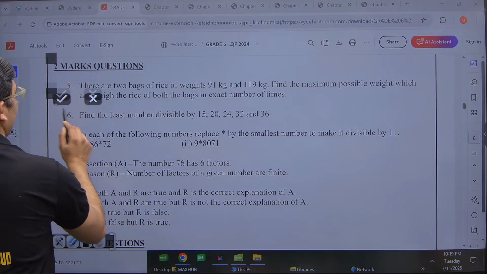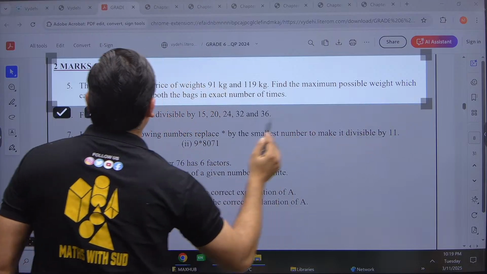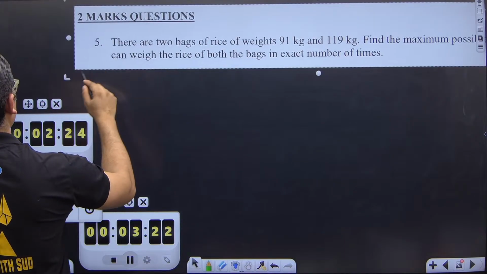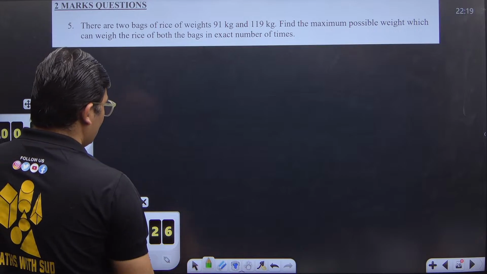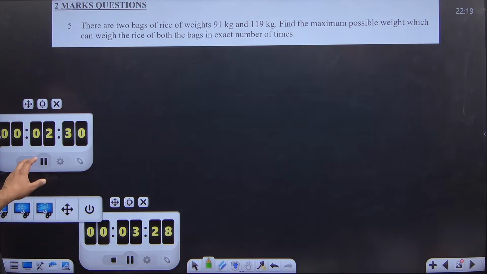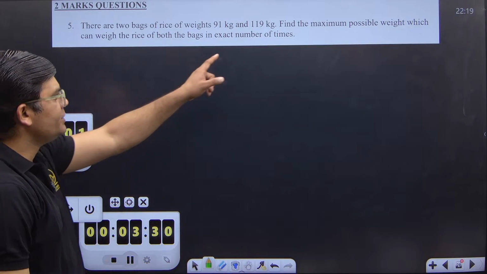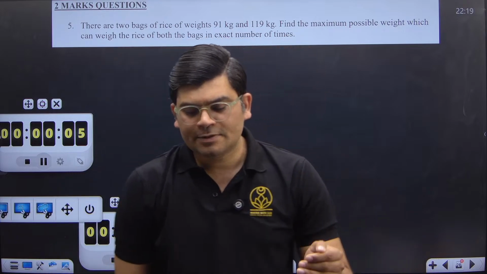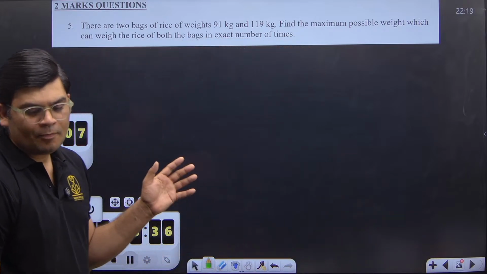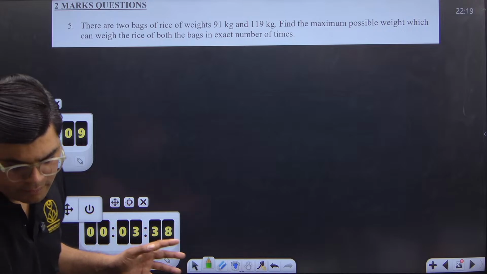2 मार्क्स क्वेश्चन बेटा. इसके लिए हमें कितना टाइम मिलता है? 4 मिनट्स. There are 2 bags of rice of weight 90 kg, 91 kg and 119 kg. ठीक है? Find the maximum possible weight. Maximum possible weight means what we need to find here?